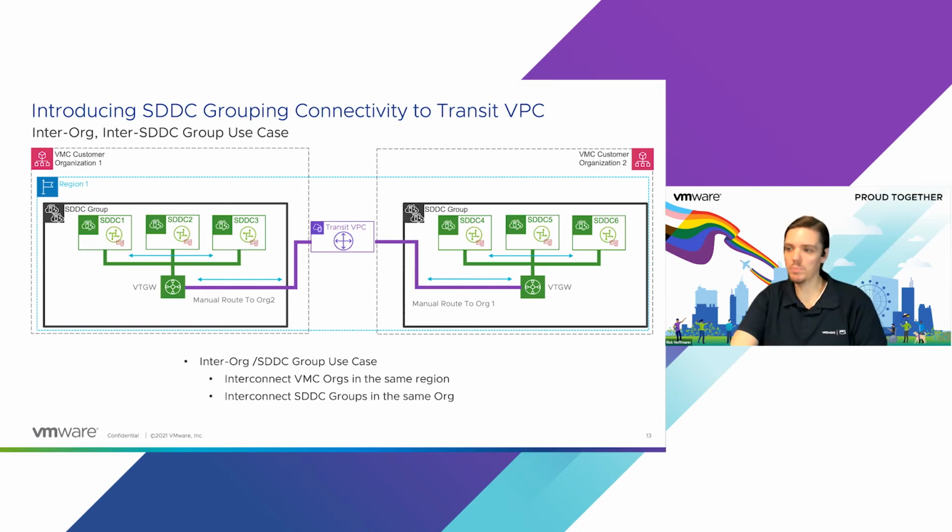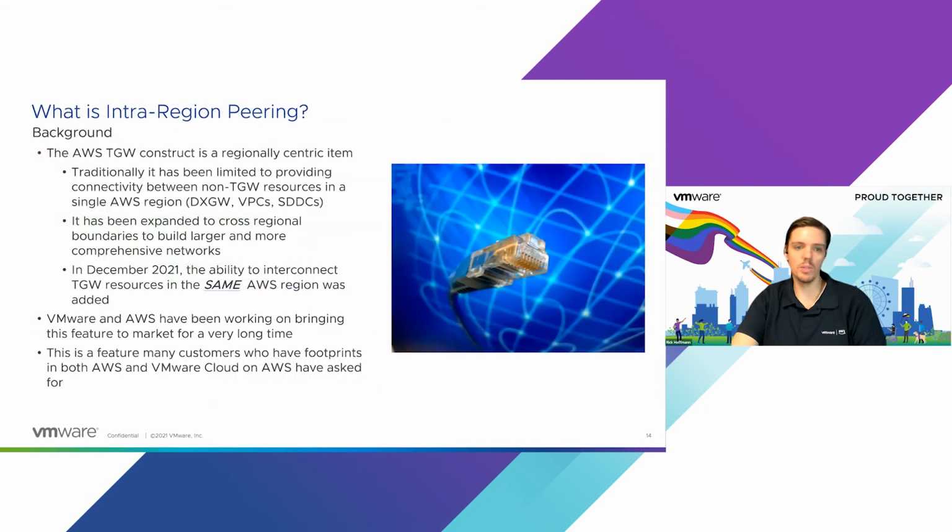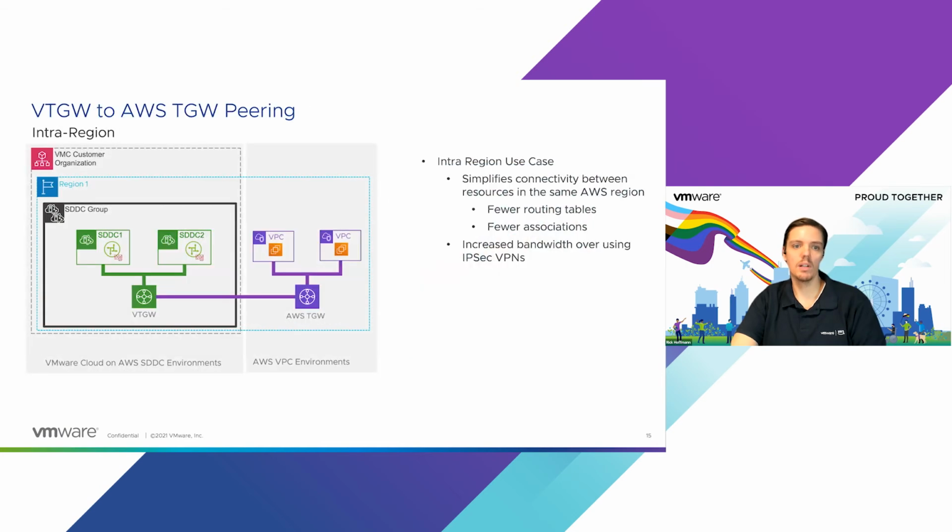But what is more interesting, based on this old topology, when quite a few customers were asking, hey, can we get an even more resilient infrastructure, is intra-region peering. I'm just skipping this slide for the moment, because the more interesting one is this one. What that means is that you probably have quite a few VPCs within AWS natively already. And what this helps with is that you can directly attach your SDDCs to your AWS TGW.